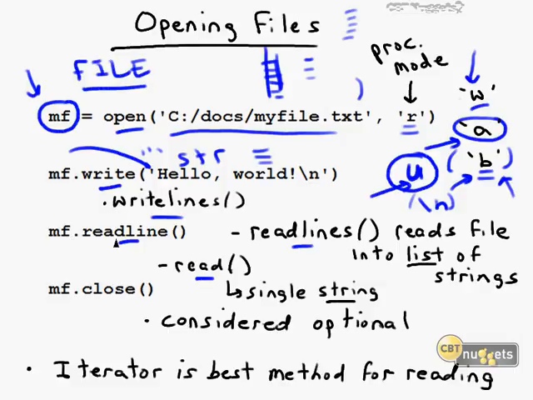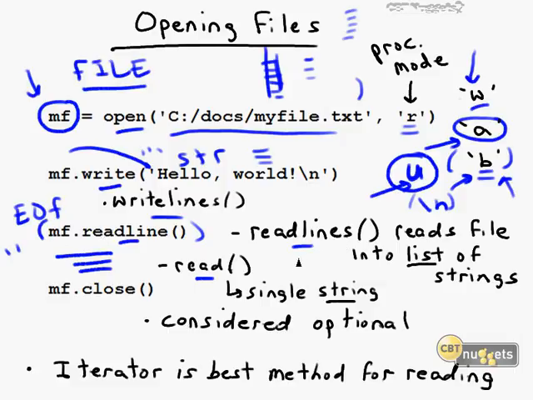If you run mf.readline on a newly opened instance of myfile.txt, you get a string back that's just the top line of that file, and you'll need to rerun readline to get subsequent lines. You'll know you've reached the EOF, or end of file, when you get an empty string back from Python. So readline can be nice to view individual lines in the file.